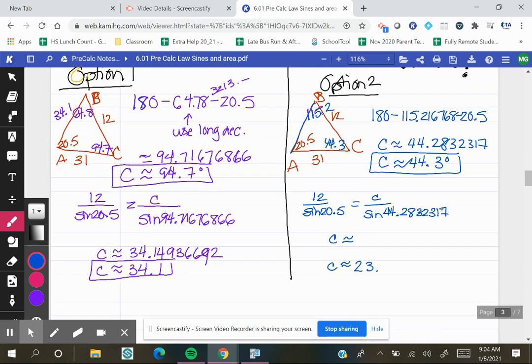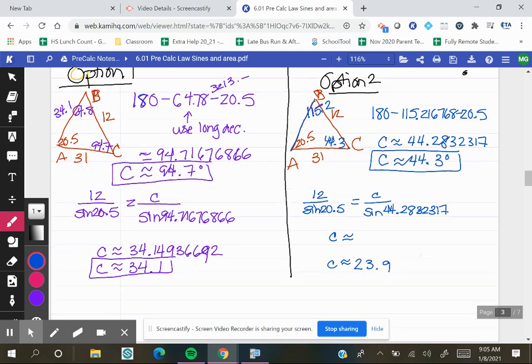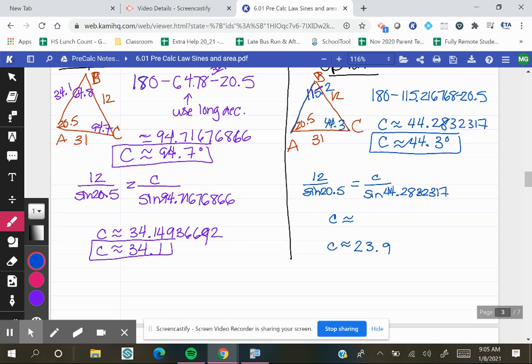I'm going to just check your notes that you guys have written it out and shown all your work. And then you can write out your rounded value of 23.9.